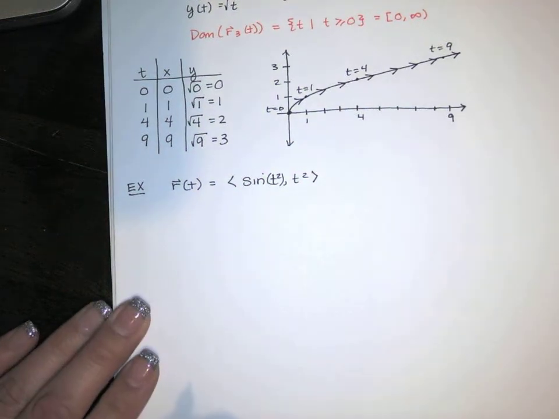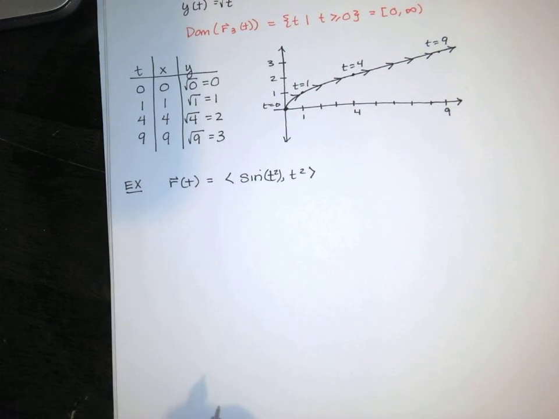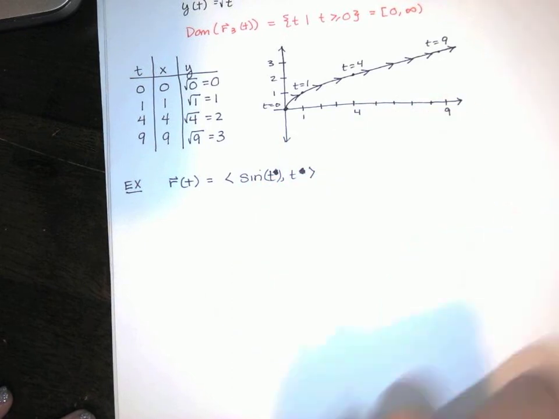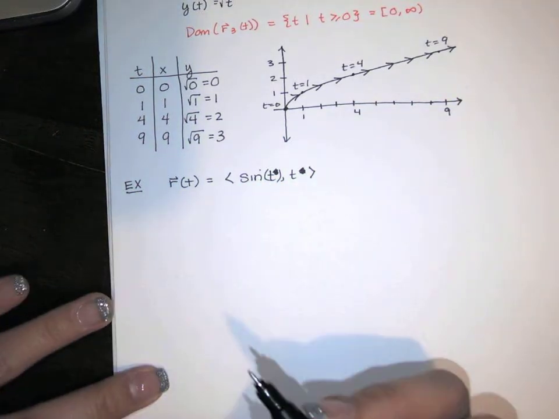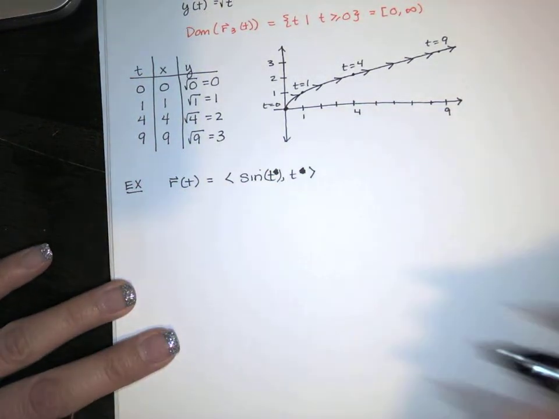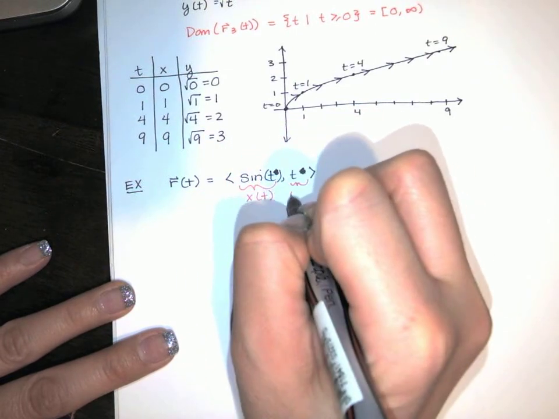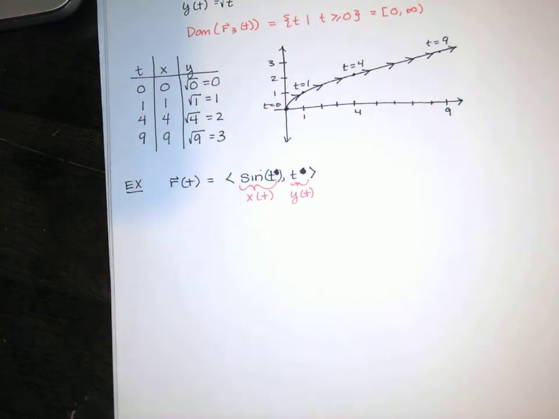I'd say, ooh, how does that get traced out? Well, maybe that might be a little too much for this class. Let's just stick to sine of t and t. So this is my x of t, and this is my y of t. And we want to put those two together.